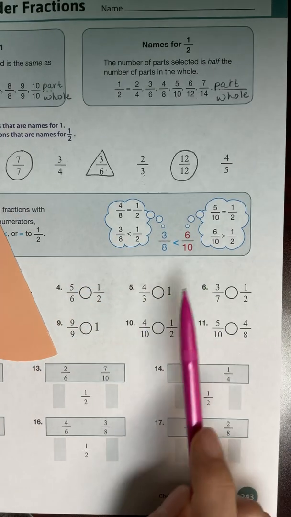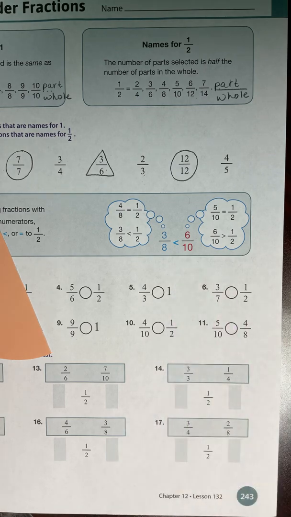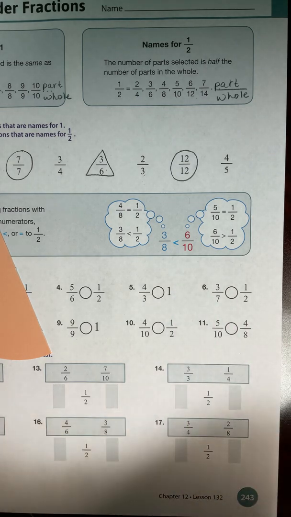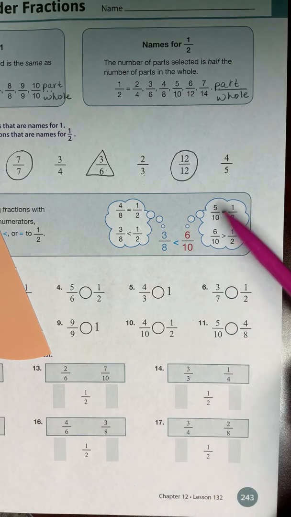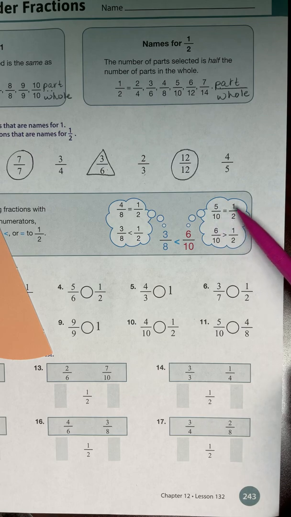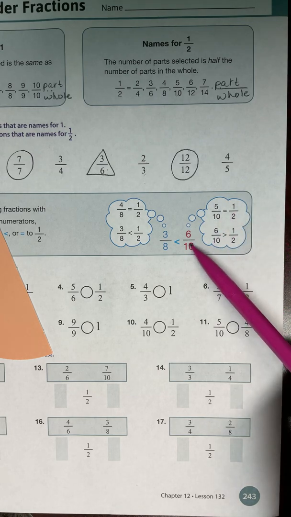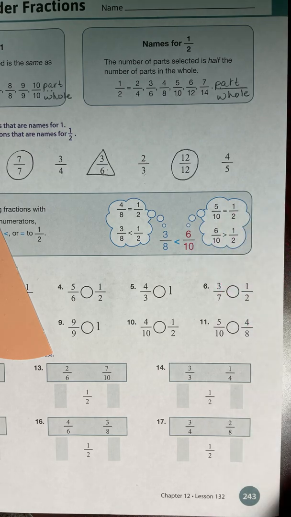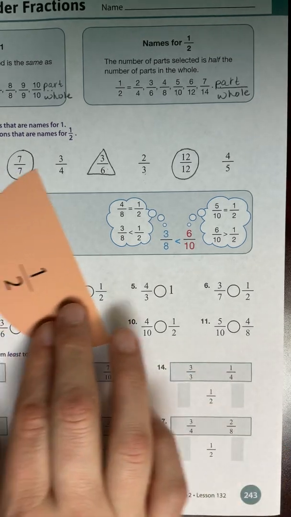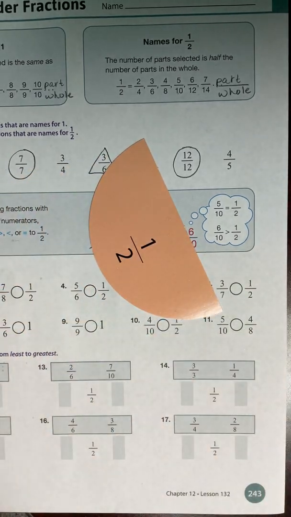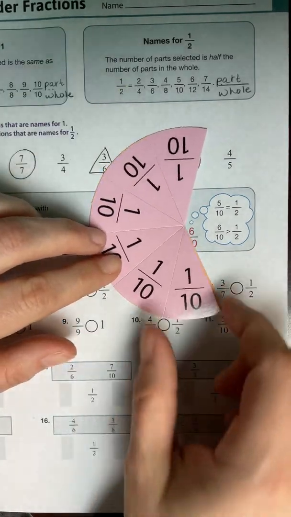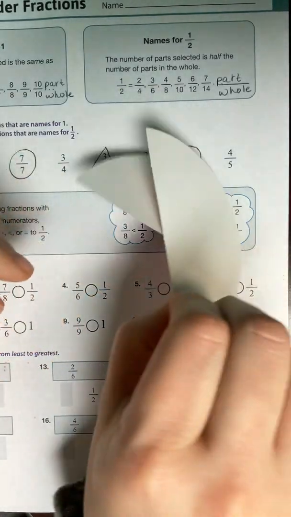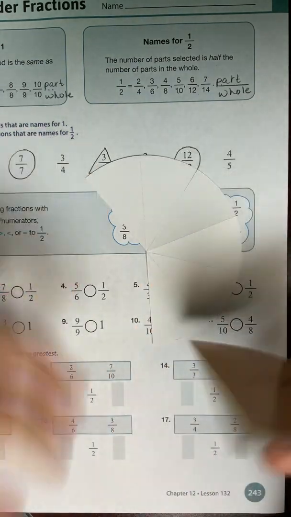Now we're going to look at 6/10. What is half of 10? Half of 10 is 5. So I have 5/10 equals 1/2. Well, I have 6/10 over here. Here's my half, and here's my 6/10.